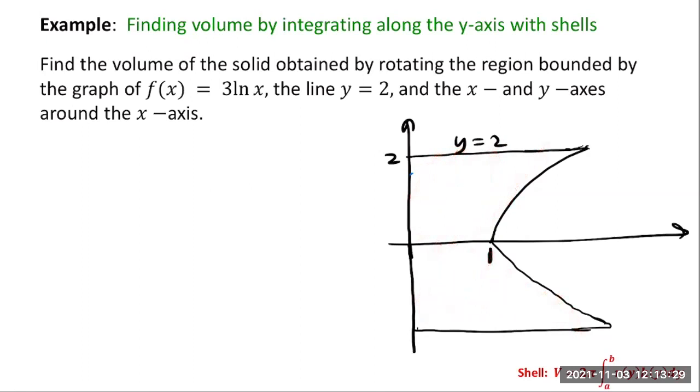Even though it looks two-dimensional, it's a solid object that you obtain by rotating this region about the x-axis. All right, how do we find the exact volume of this object?